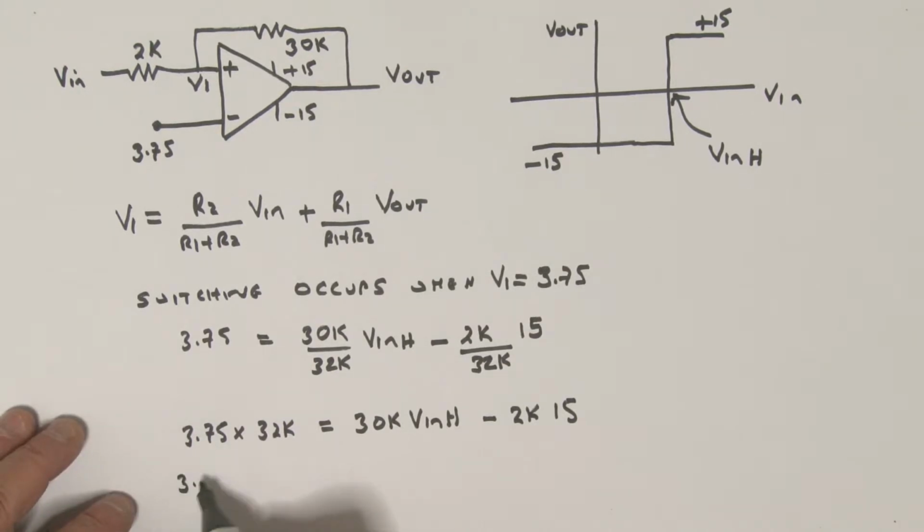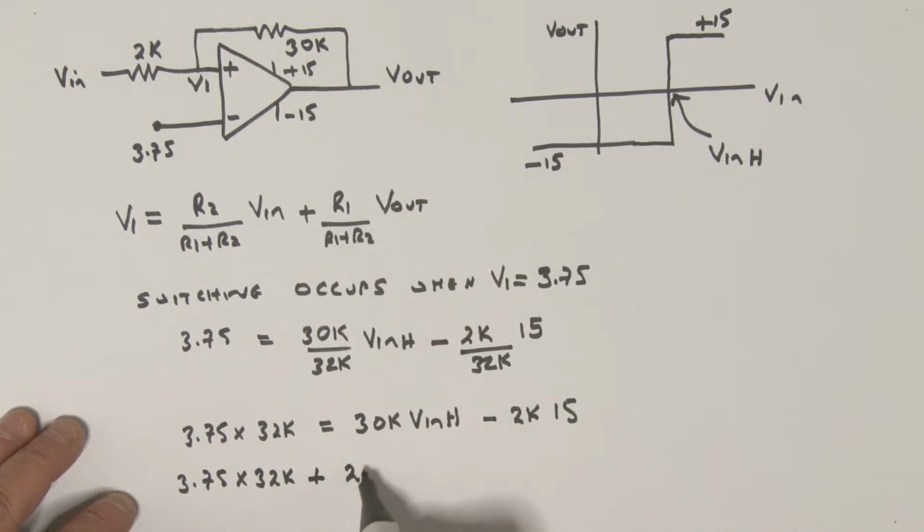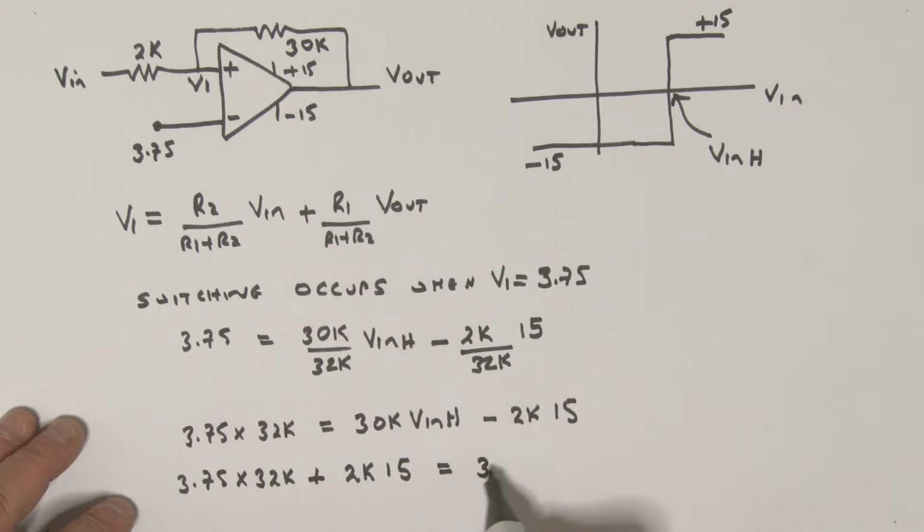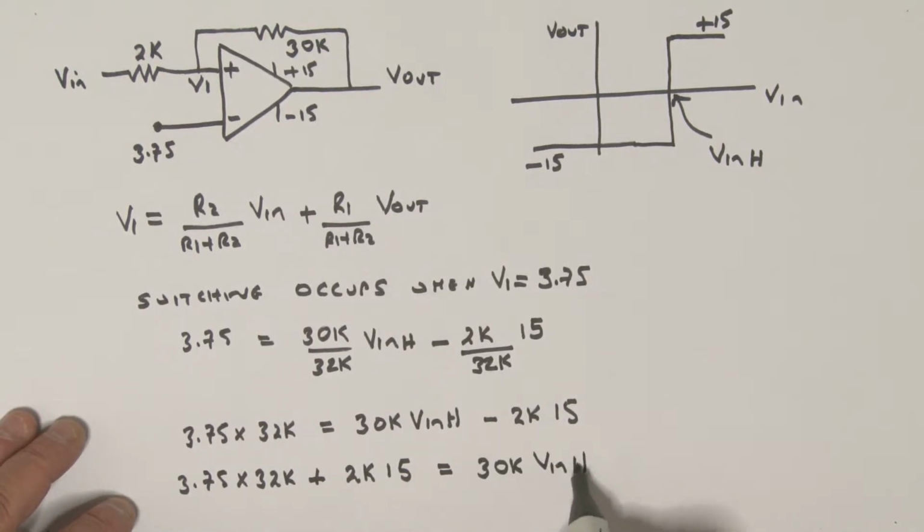So I've got 3.75 multiplied by 32K. This going over to the other side becomes a plus, doesn't it? 2K times 15, and that is equal to my 30K times V in H. Now we just divide both sides by this 30K.